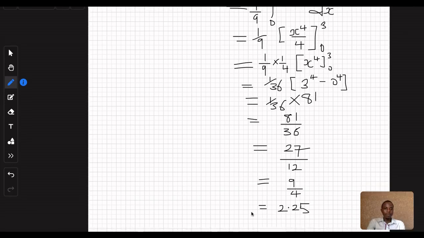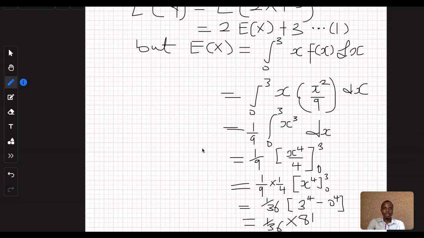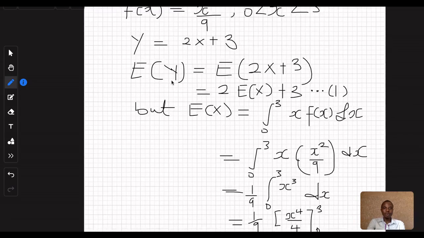But what we have here is just the expected value of x. We don't have the expected value of y yet. So the expected value of x is what we have looked for, starting from what we started to do. But we are concerned about the expected value of y.